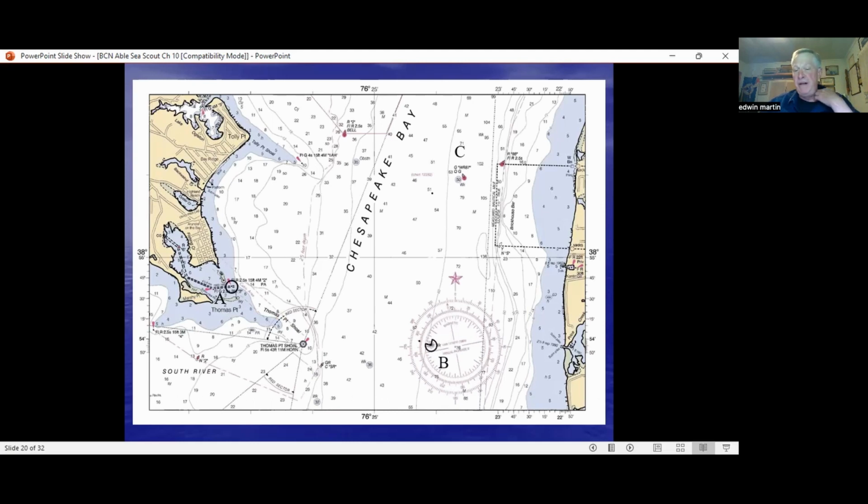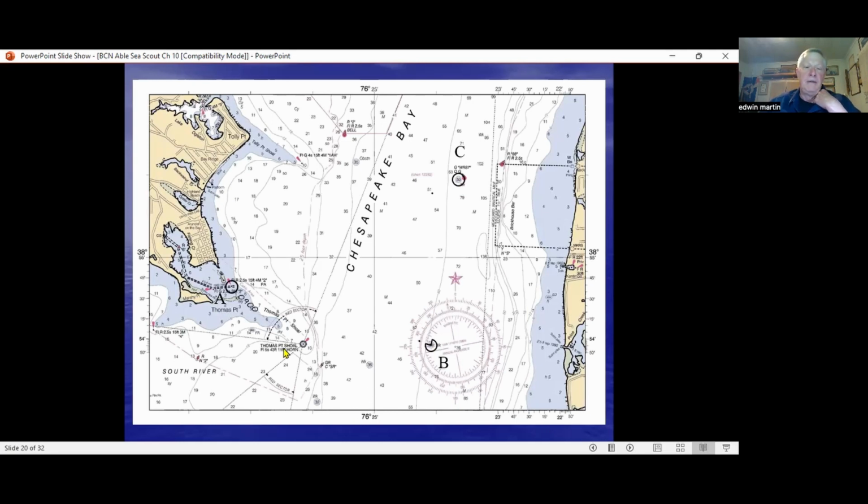B, because it's not a fixed point, I determined that it would be just a DR position. The same with C. C being next to a buoy. The buoy is floating, so it's really a question of whether or not you want to use it as a fix or a DR position.